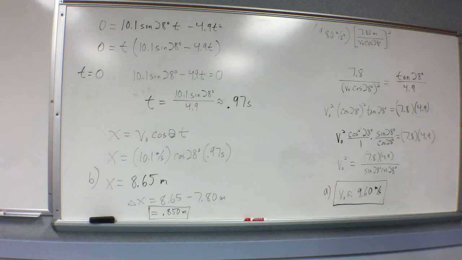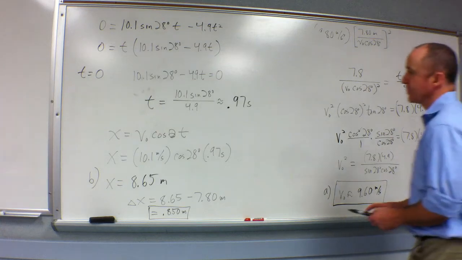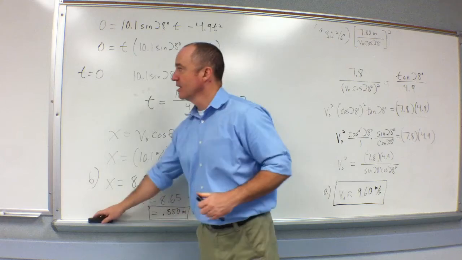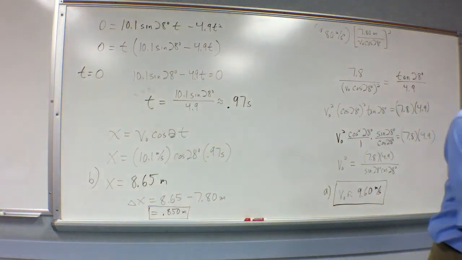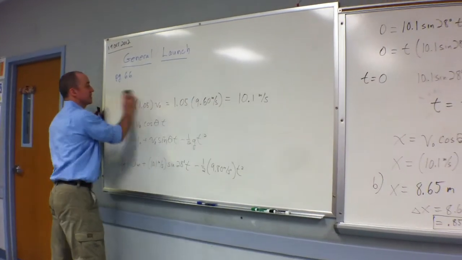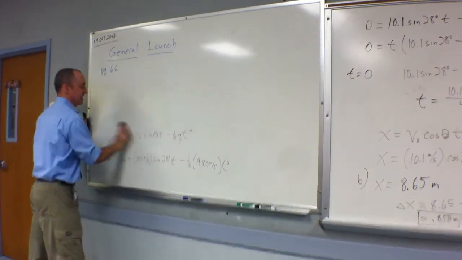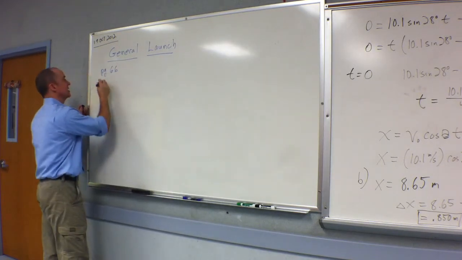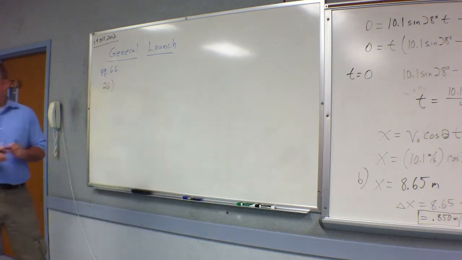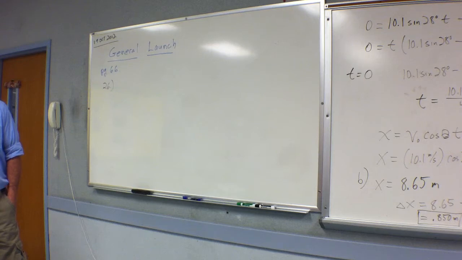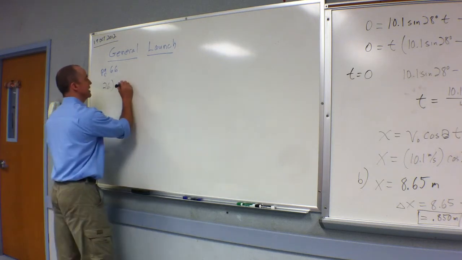And then 26. Okay, 26 is fun. This has some fun thought to it. All right, let's go back over here to this board. First part shouldn't be bad. Let's see if we can do this one without that range equation as well, because I want you guys to appreciate it. 26 says, a hunter aims directly at a target on the same level, 75.0 meters away.